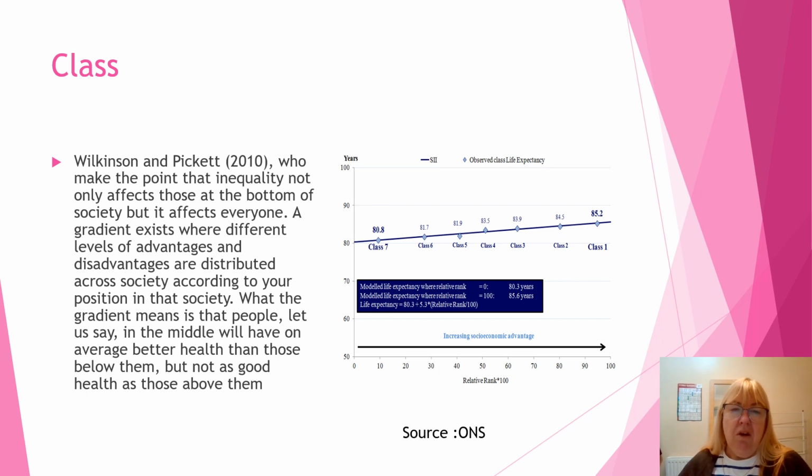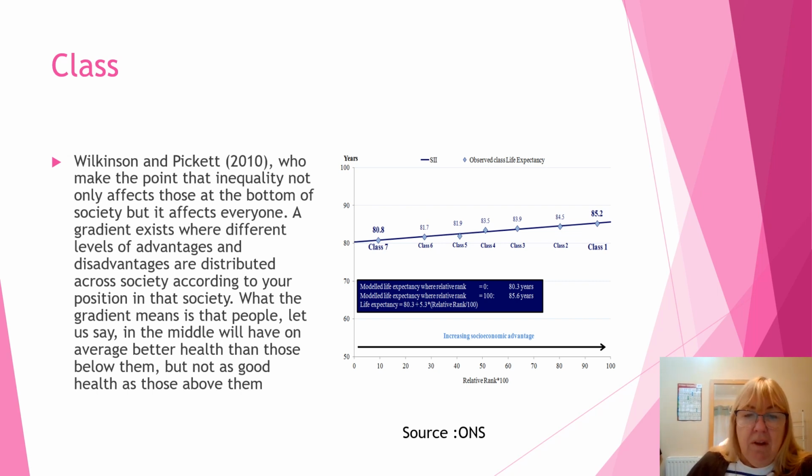So health inequality has clearly been regarded as a class issue, and a lot of work around class and inequality is done by Wilkinson and Pickett. They say that although it affects everybody, there's a very clear gradient, where different levels of advantage are distributed across society depending on where you stand.